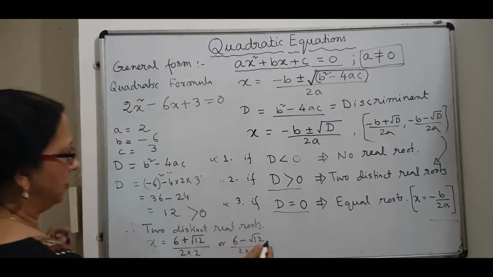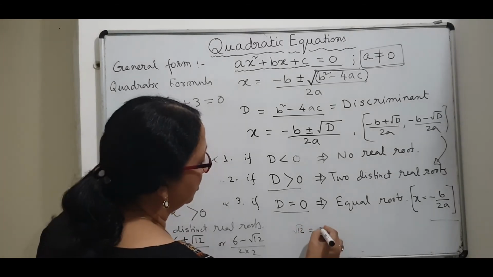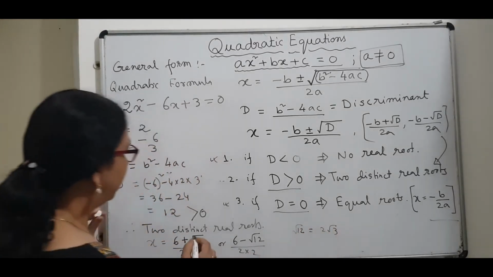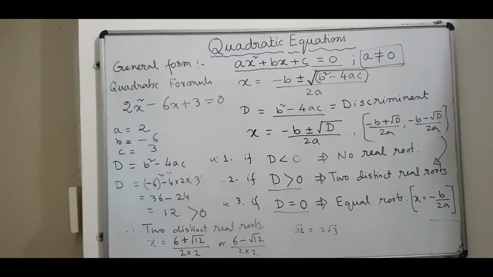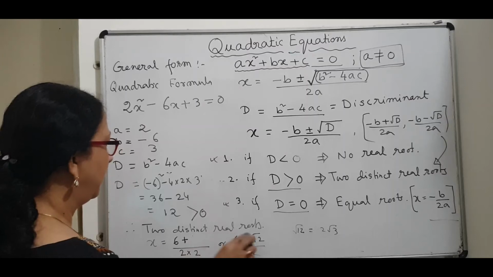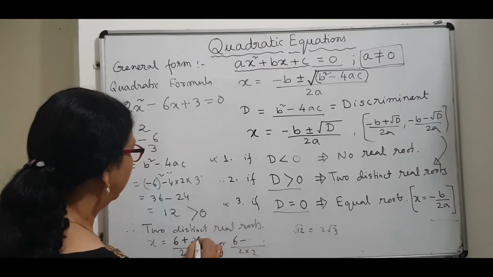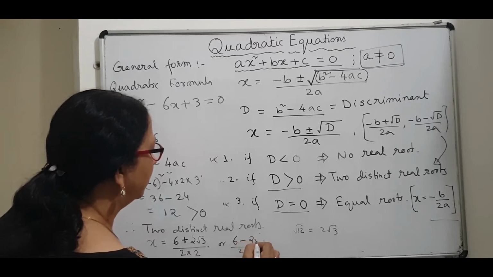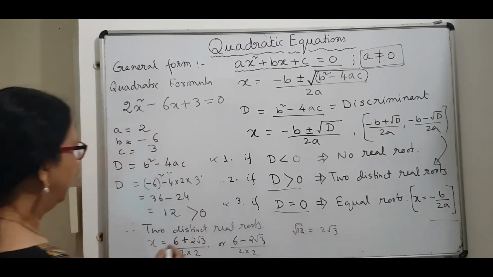Root 12 is, 4 3s are 12, so it is 2 root 3. Instead of root 12, I can write 2√3.